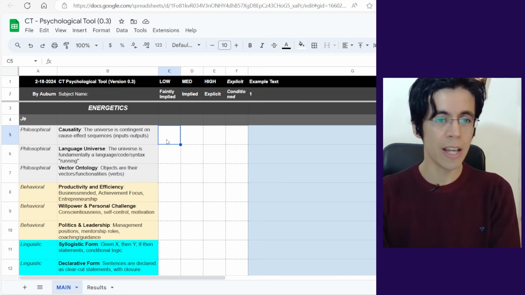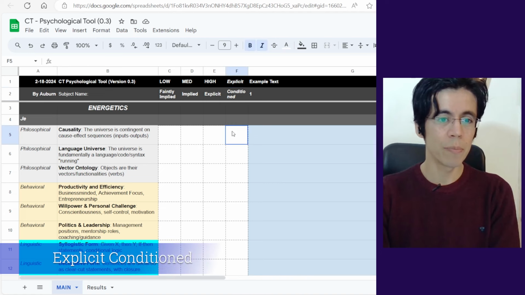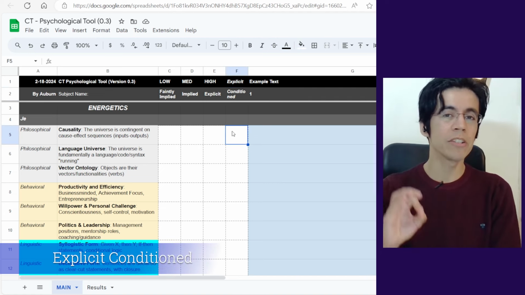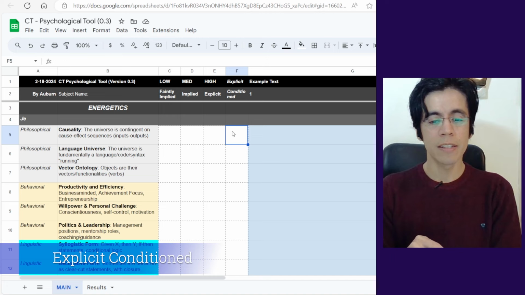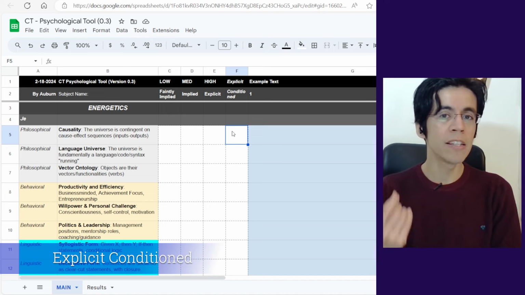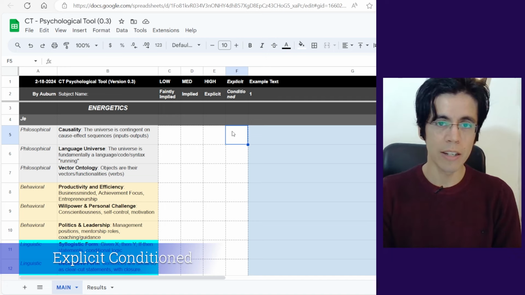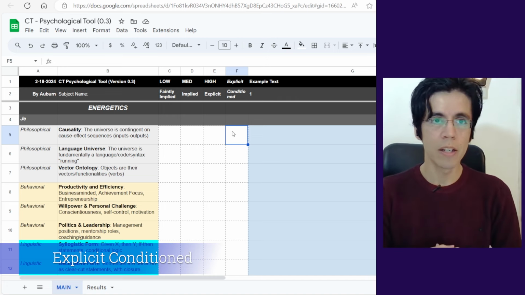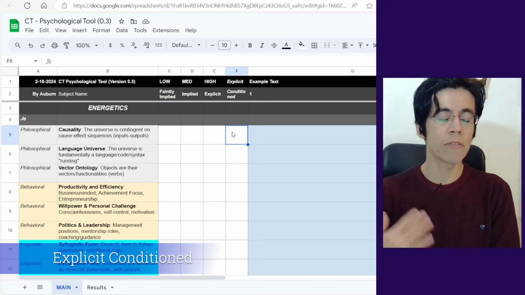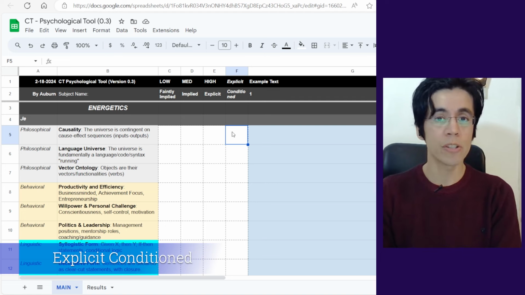Now, there's a fourth category, and this is called explicit but conditioned. These are explicit but conditioned beliefs. And these require a keen insight from the analyst. So the analyst has to be trained to recognize when a belief is acquired through conditioning, especially imposed conditioning, or whether it's spontaneously emerging from the person's own personal evolutionary trajectory, right?